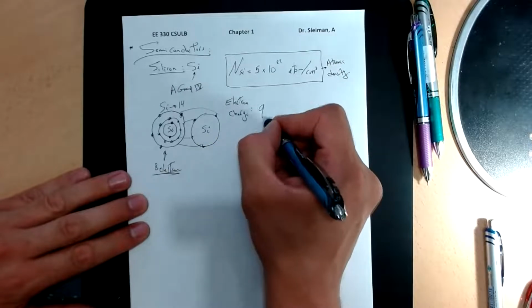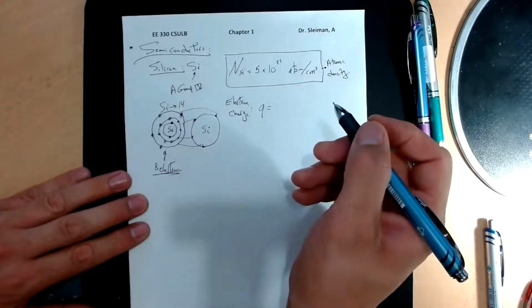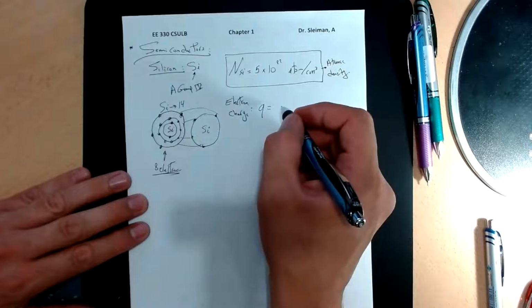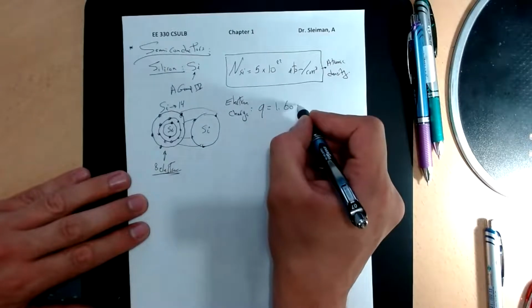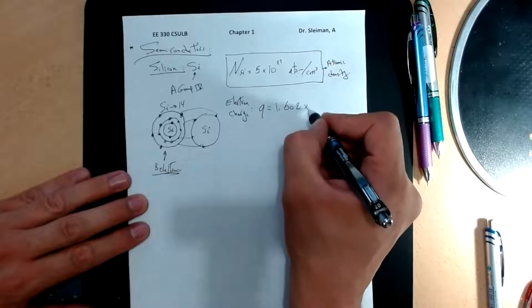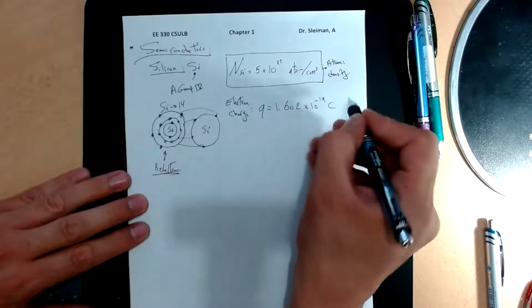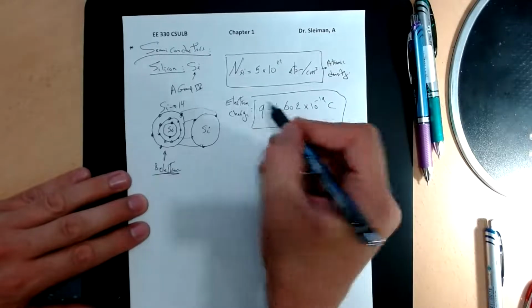And also you need to remember the electron charge, which is Q. If you took 210 or physics, you should be familiar with this number, most likely 210 Coulomb.